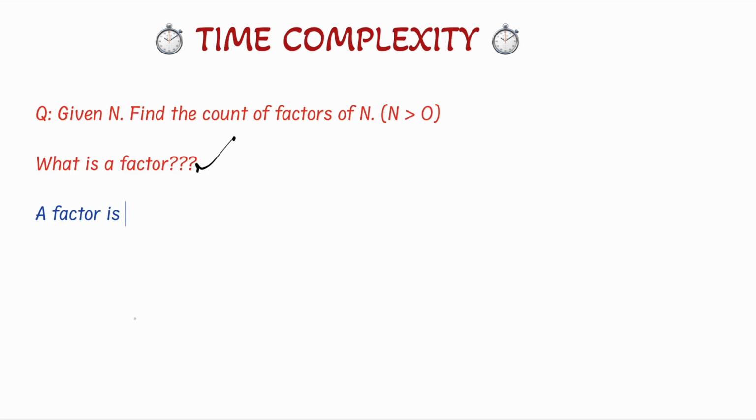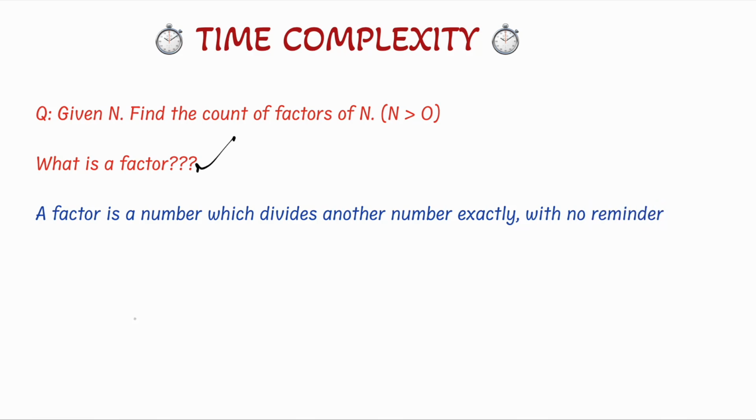A factor is a number which divides another number exactly, with no remainder. What does that mean? If n modulo i is equal to 0, then i is a factor of n.